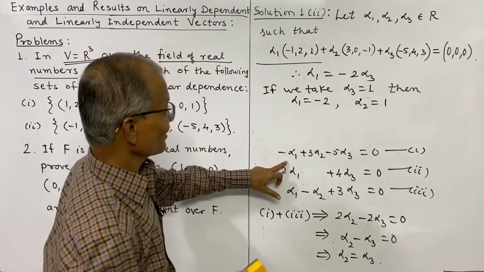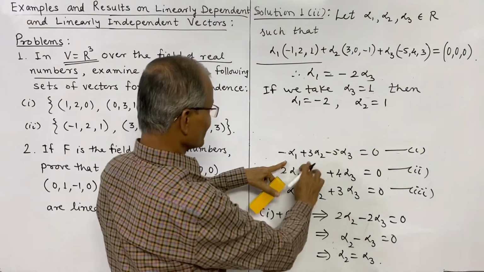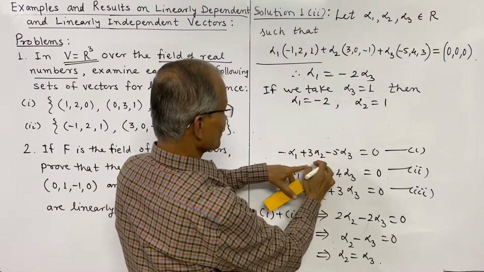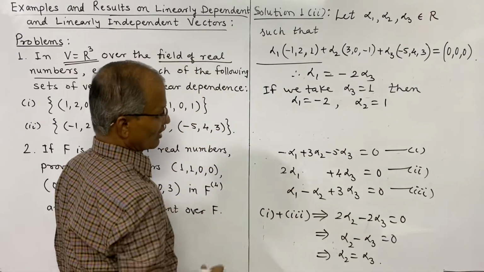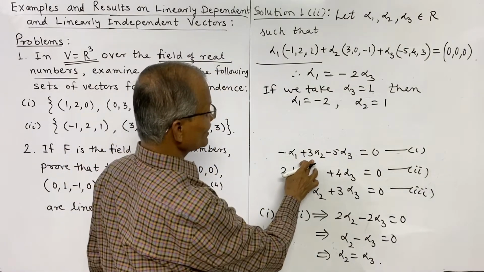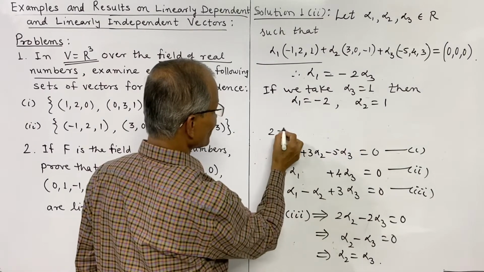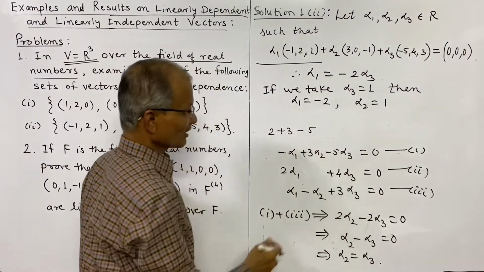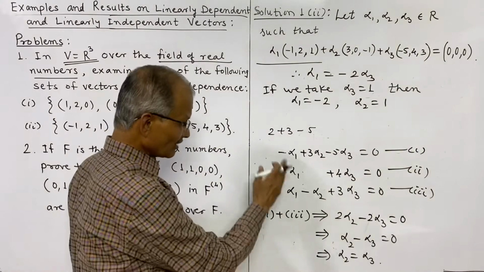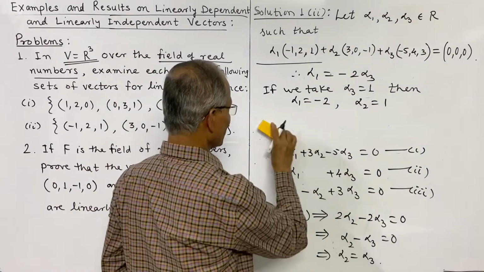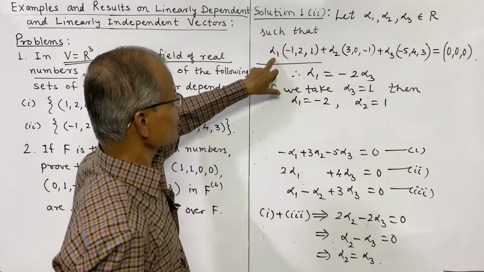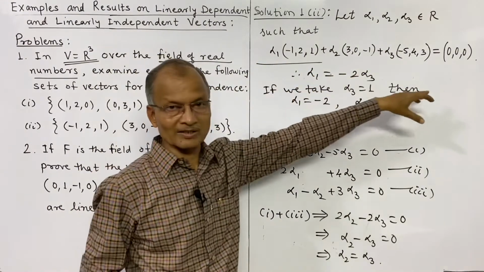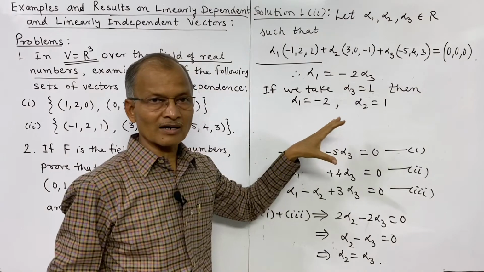See, minus alpha 1 is 2, and 3 alpha 2 is 3, minus 5 alpha 3 is minus 5, so it is 2 plus 3 minus 5, that is 0, and similarly the remaining will also be satisfied. Thus what we get are the scalars alpha 1, alpha 2, alpha 3, and they are non-zero.